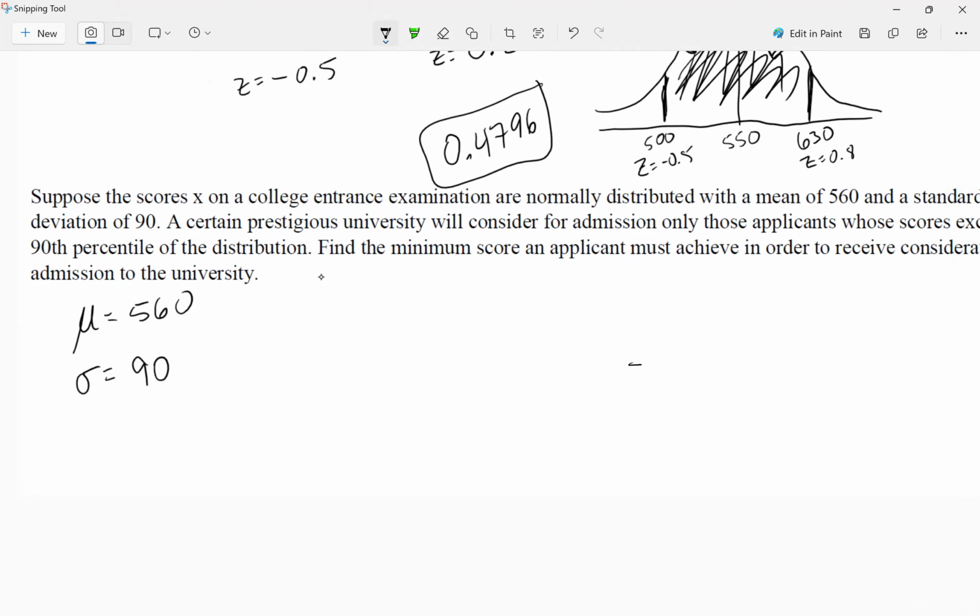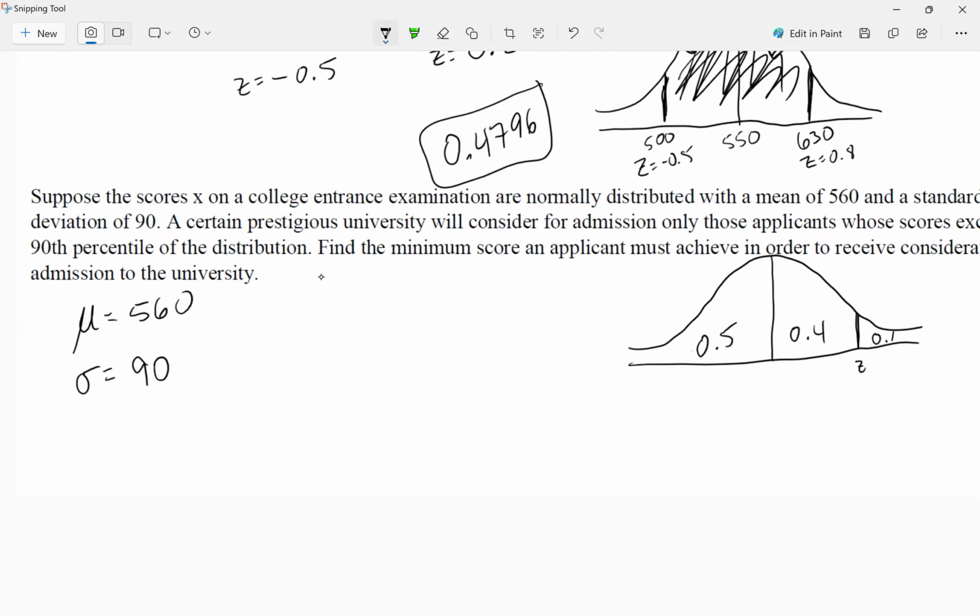Okay, only those that exceed the 90th percentile of the distribution. What are we looking at here? Well, let me look at this as a graph. 90th percentile. I know here to the left is 0.5. And I'm going to look, what do I need for 90%? It's basically 0.4 more. And let's say my z-score is about here.